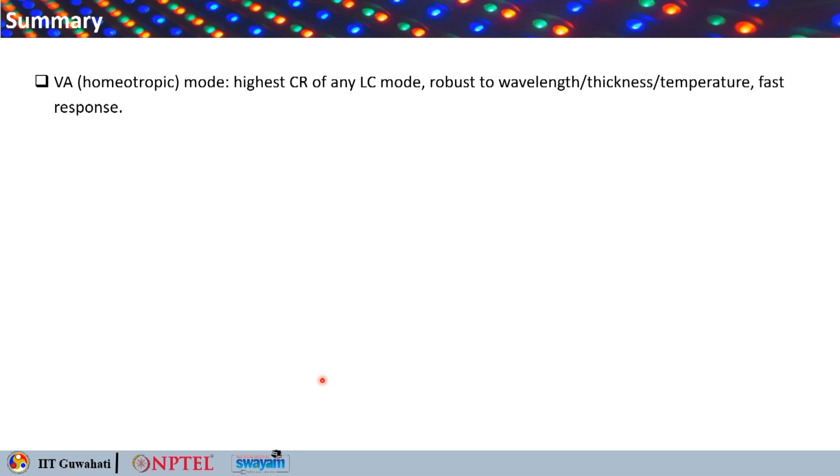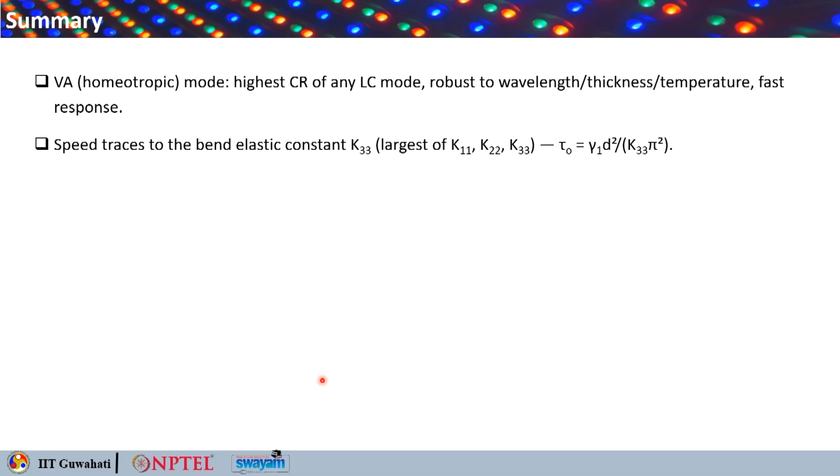To summarize, we have understood that the vertical alignment or homeotropic modes provide the highest contrast ratio of any liquid crystal mode. This contrast ratio is also robust to wavelength, thickness or temperature variation, and they provide very fast response time. The speed traces to the bend elastic constant K33, which is the largest of the three elastic constants.